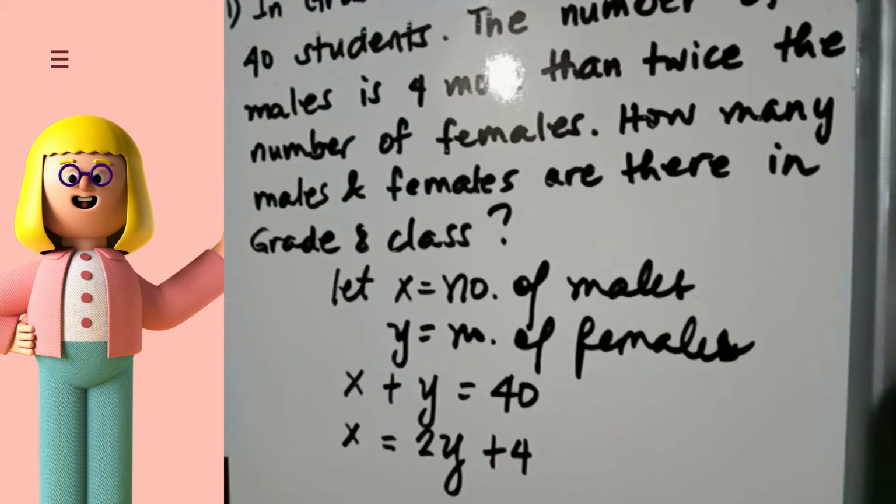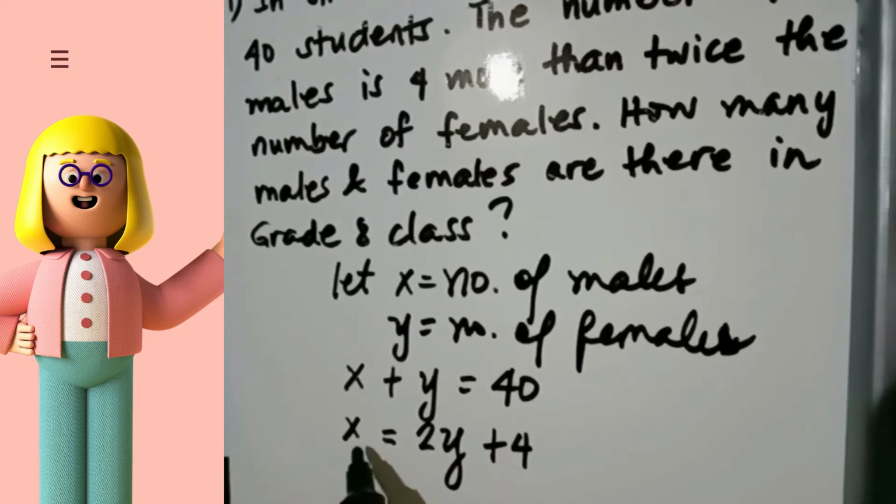And then, after having your first and second equation, take note of your second equation, which is x. So we have x, which is 2y plus 4, which is the number of males.